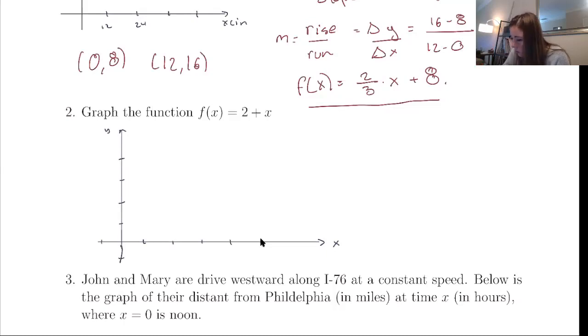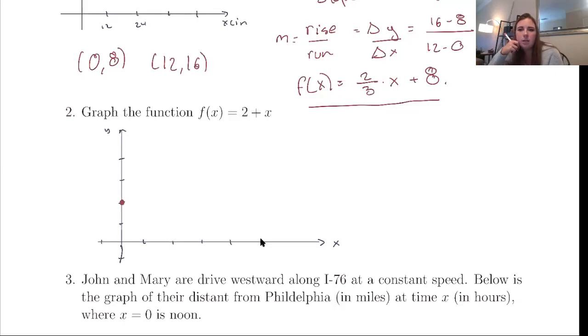Great. So looking at 2 plus x, what's my initial condition of that function? 2, right? So my initial condition is when x equals 0. So I go 1, 2, put that right up here. And then it's plus x.